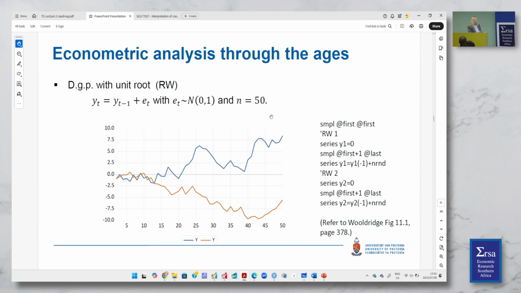Does this series and that series have anything in common, except for both starting at 0? They're independently generated. There's a random generator there. So actually, in no instance should there be anything going on.